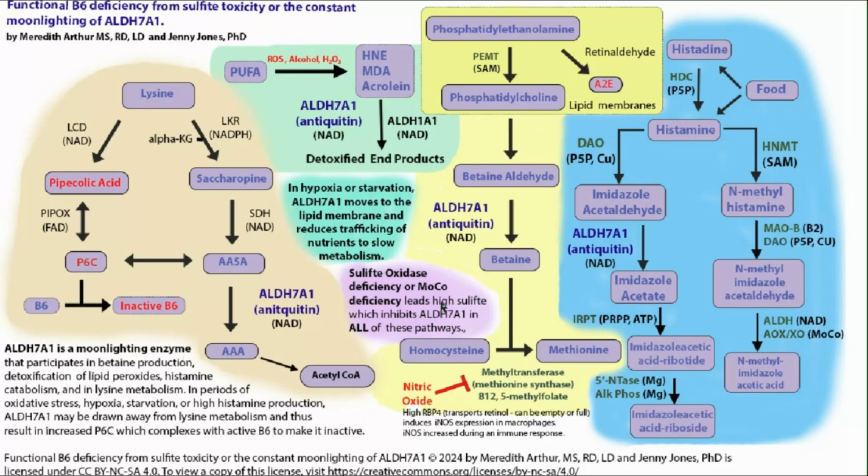So ALDH7A1 is also involved in lysine metabolism. And if this is inhibited by sulfite, then there's a buildup of AASA, and that isomerizes to P6C. And P6C will bind to your active form of B6, P5P, and inactivate it.